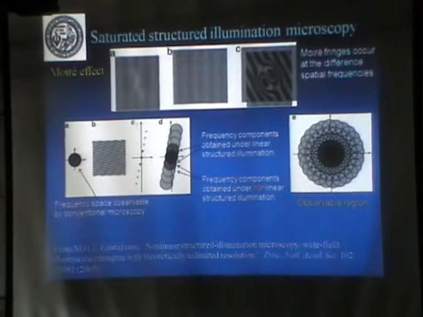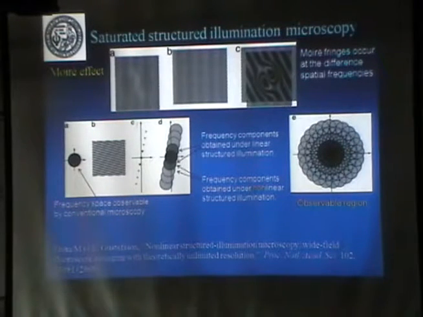Okay, there is another trick. This is based on structured illumination. Who knows what the Moire effect is? Who has seen images like this? Maybe you have a curtain or some periodic structure.